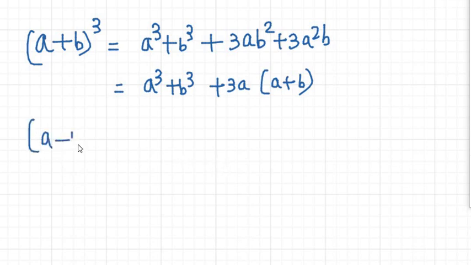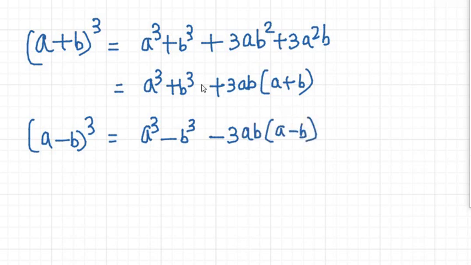So A minus B whole cube is equal to, put B as minus, therefore this becomes A cube minus B cube, this becomes minus... yeah, thanks for noticing, added B.